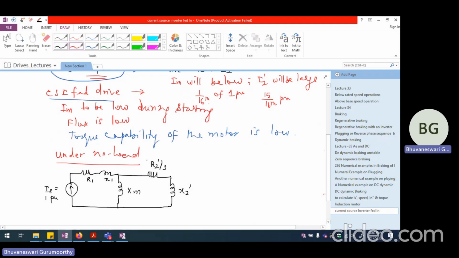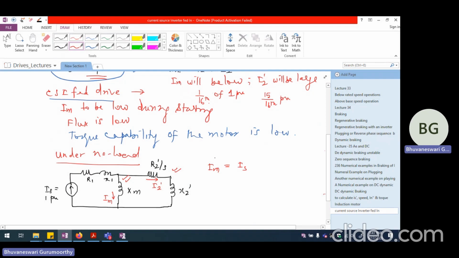So if I am looking at what is the kind of current that is flowing through I2 dash, that is the rotor circuit, and what is the kind of current that is flowing in the form of magnetizing current, I should be able to write the expression somewhat like this. Im should be equal to whatever is the current flowing through the entire stator winding of the motor multiplied by, now these two are parallel to each other, that is Xm and R2 dash by S plus jX2 dash. So I should be able to write this using the current division rule.